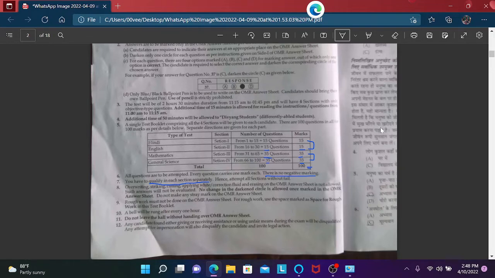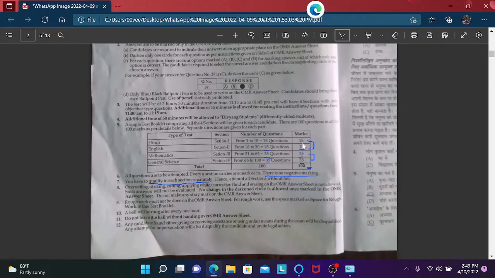About our test booklet, the question paper booklet comprises 4 sections. Section 1 is Hindi, section 2 is English, section 3 is mathematics, and section 4 is general science. For Hindi and English, there are 15 questions each, 15 marks each.